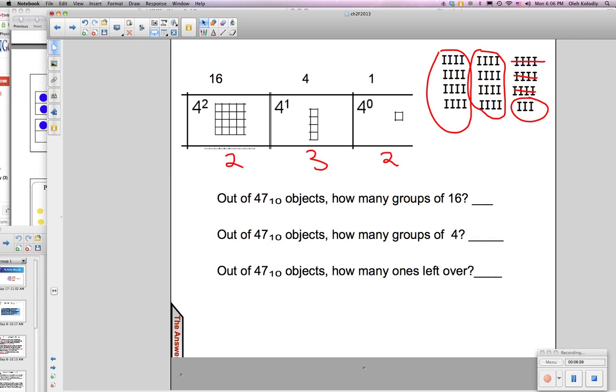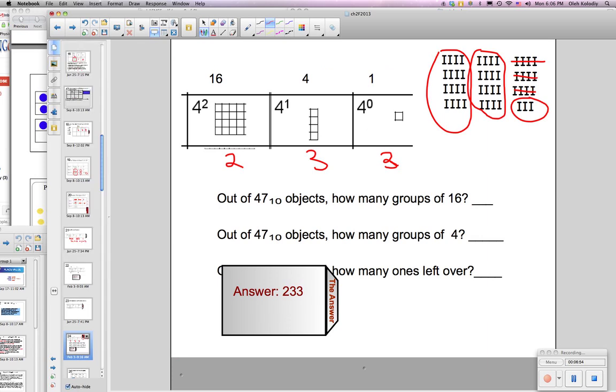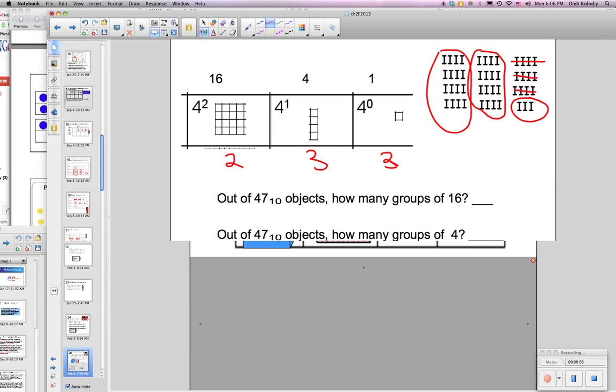Again, out of the 47, how many groups of 16 can we make? 2. How many groups of 4? 3. And how many ones left over? And we can see the answer to all this is 233. I made a mistake here. Yes, at the end we have 3 left over, so it's 233. Just checking if you're paying attention.